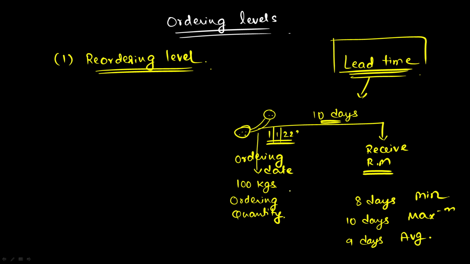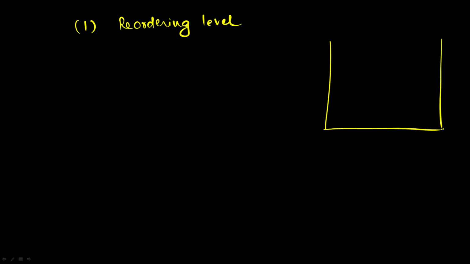This is lead time. Let us understand number one, reordering level. So this is my go down. The question is, at how much quantity in my go down I should again reorder?